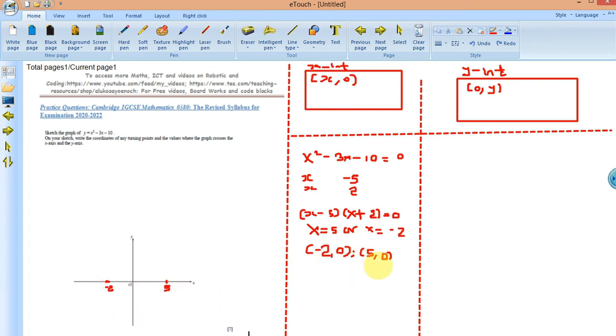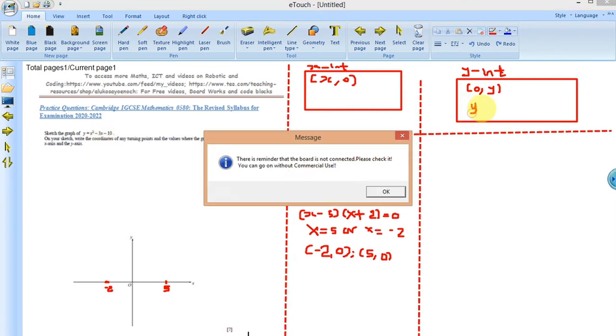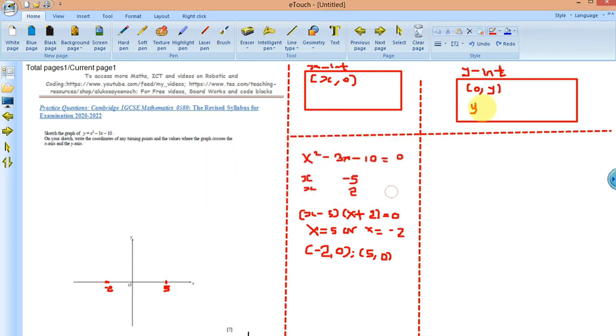Okay, let's go ahead and do the same thing for y. When x equals 0, what is y? From the intercept form, y equals 0 squared, that is 0, minus 3 times 0, that is 0, minus 10.